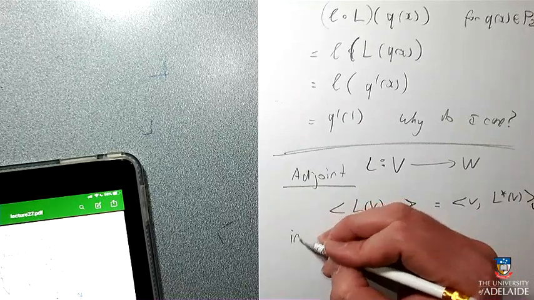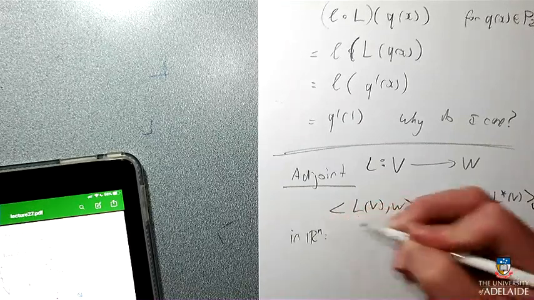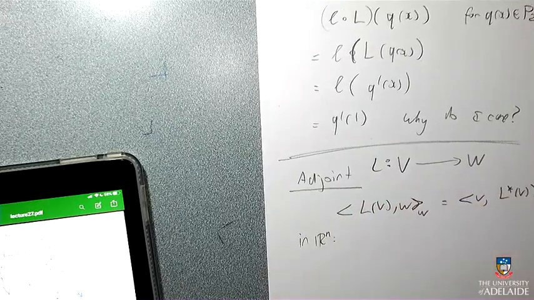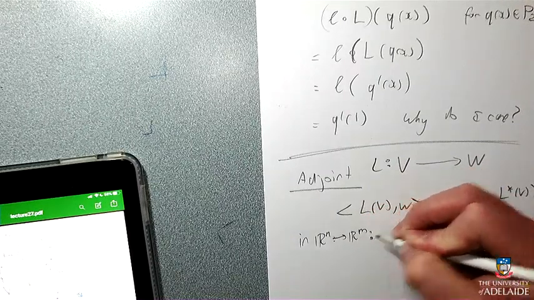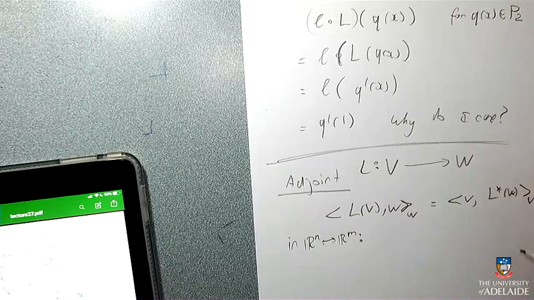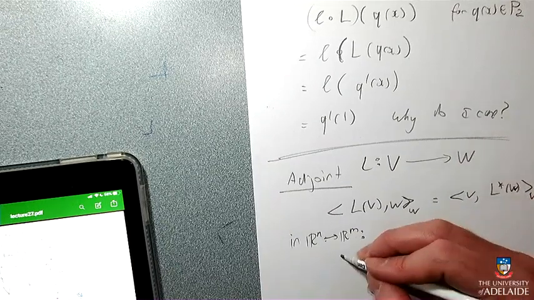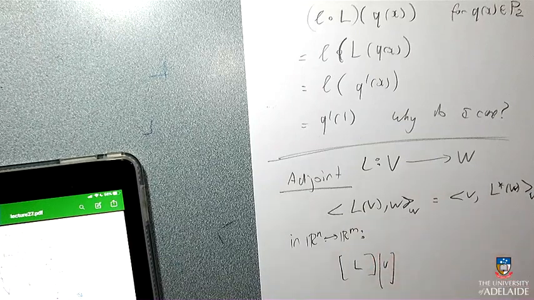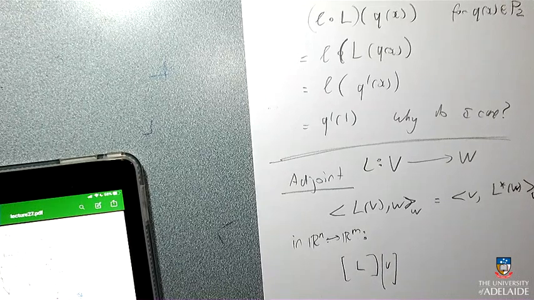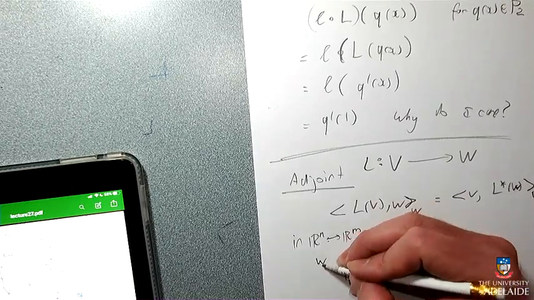So in Rn, with the traditional dot product, L of V is matrix times V, right? And then when you dot that with W, you put the W as a row vector.